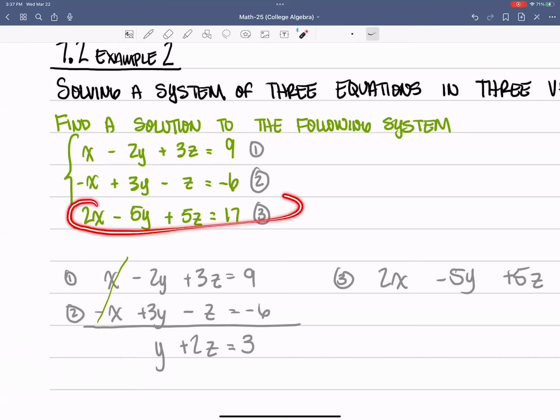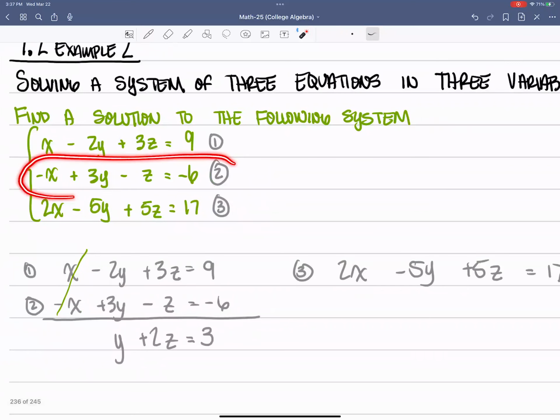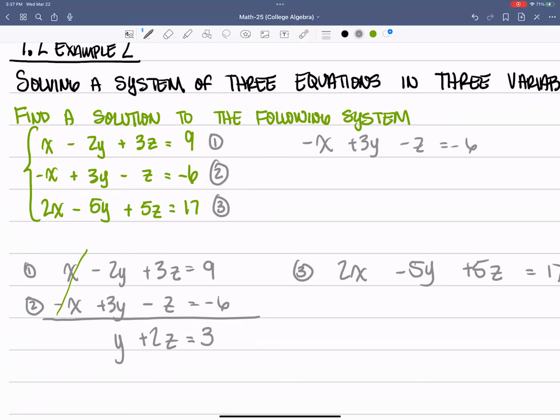So using this one, here we just have to multiply by 2. I'd rather multiply by a positive number than a negative number, just in case we mess up the sign somehow. So let's multiply equation 2 by a positive 2. Equation 2, negative x plus 3y minus z equals negative 6, multiplied by a positive 2.